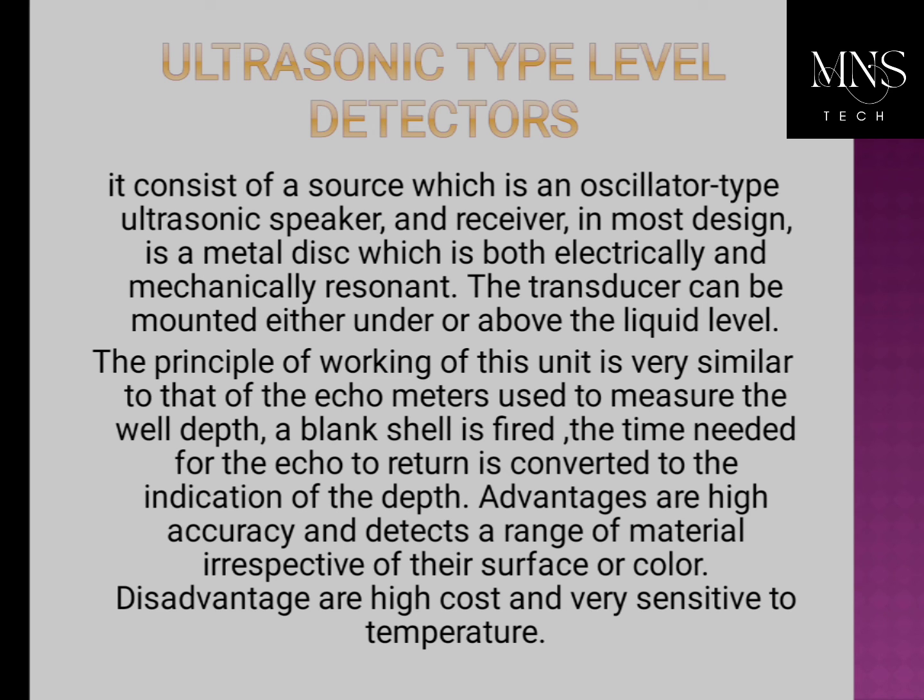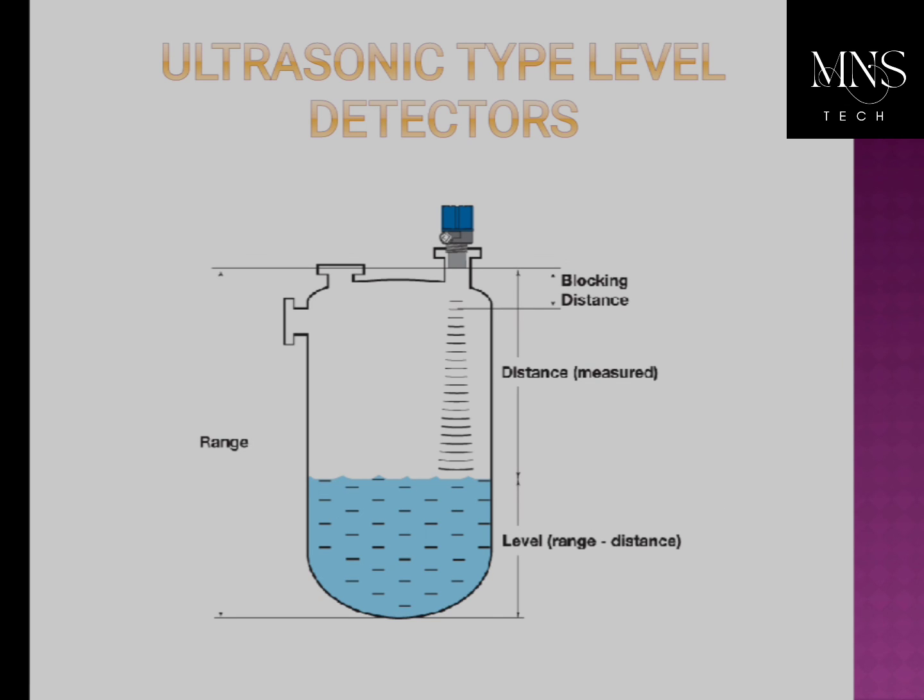A blank shell is fired. The time needed for the echo to return is converted to the indication of the depth. Advantages are high accuracy and it detects a range of materials irrespective of their surface or color. Disadvantages are high cost and very sensitive to temperature. There is a picture of ultrasonic type level detector.